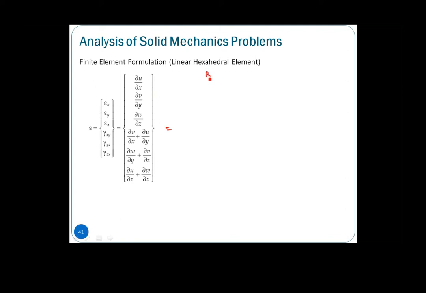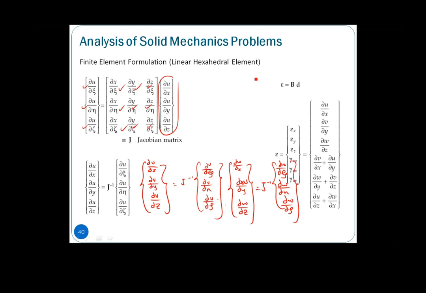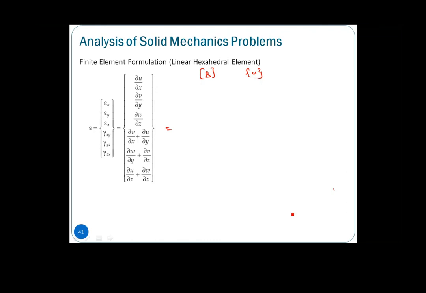Basically, this is our B. So this B itself is basically arranging what we have here, so is the J itself. We have 6 times 9. So this B is 6 times 9 multiplied with 9 times 24.